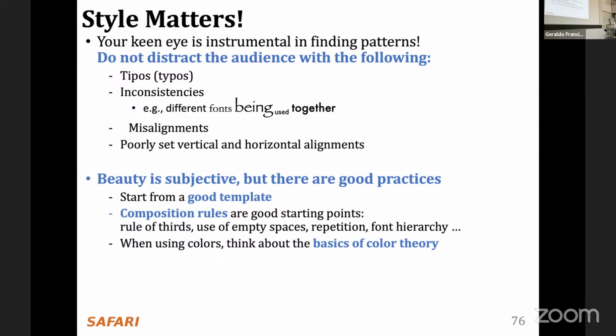Colors are a subject that's really hard to follow, but a good practice is to think about basic color theory. If you just Google basic color theory, you're going to find the color wheel, and you're going to see how colors go together well. There are many different rules of composition, like the one with the triangle, with the square, all those.